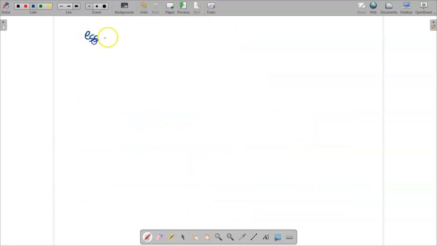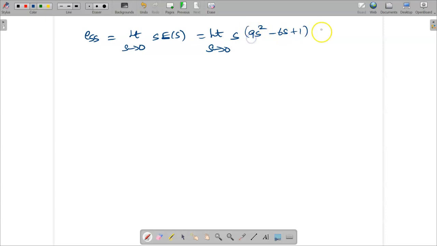So ESS, that is steady state error, is given by limit s tends to 0 s into E of s. So limit s tends to 0 s into E of s value is what, 9s square minus 6s plus 1, okay, into s plus 1 divided by, we have first term 3s and the next term is s cube plus s square plus 10s plus 20.